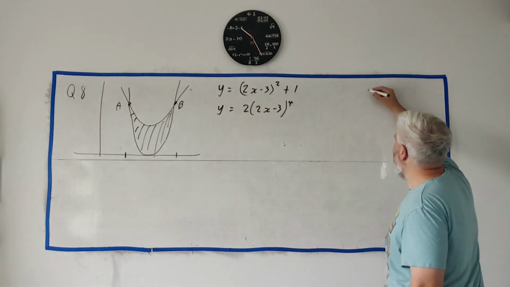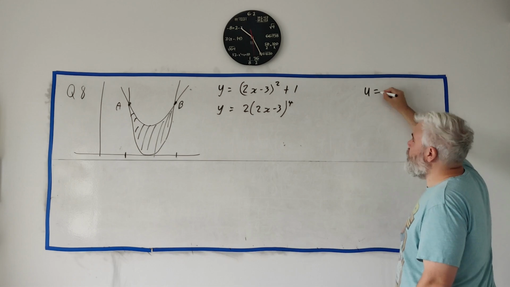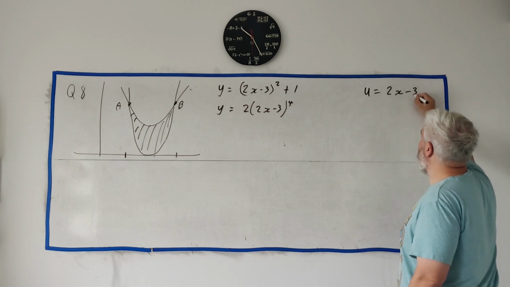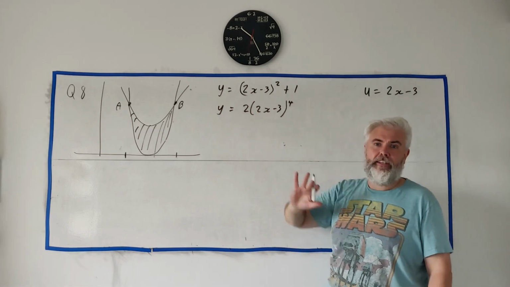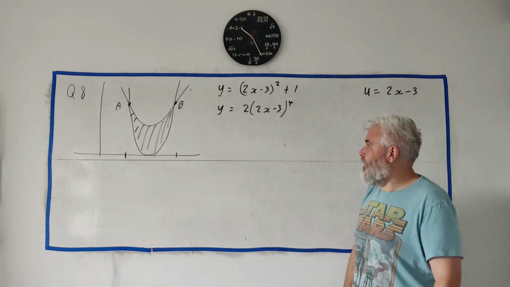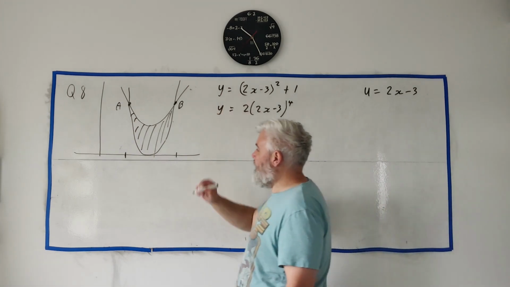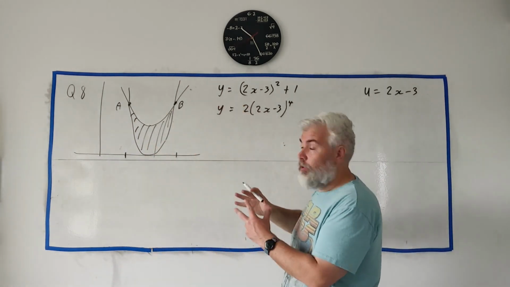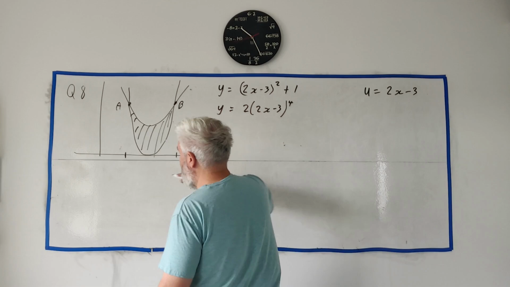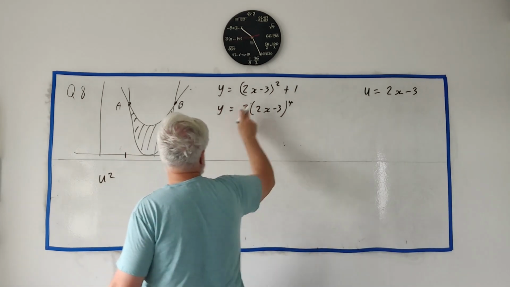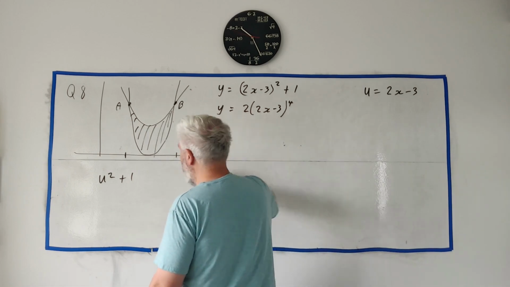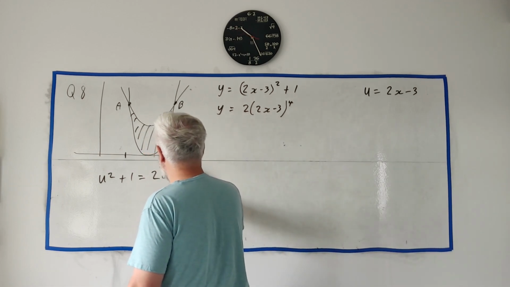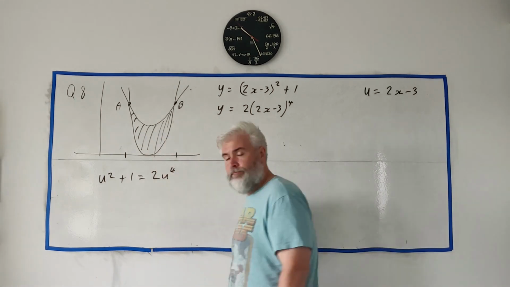One thing they did tell us, they gave us a hint to use u equals 2x minus 3 to substitute this into it, and it will make this a lot easier. So if we substitute that into these two equations and put them equal to each other, this top one would become u squared plus 1, and equals this one would become 2u to the power of 4.